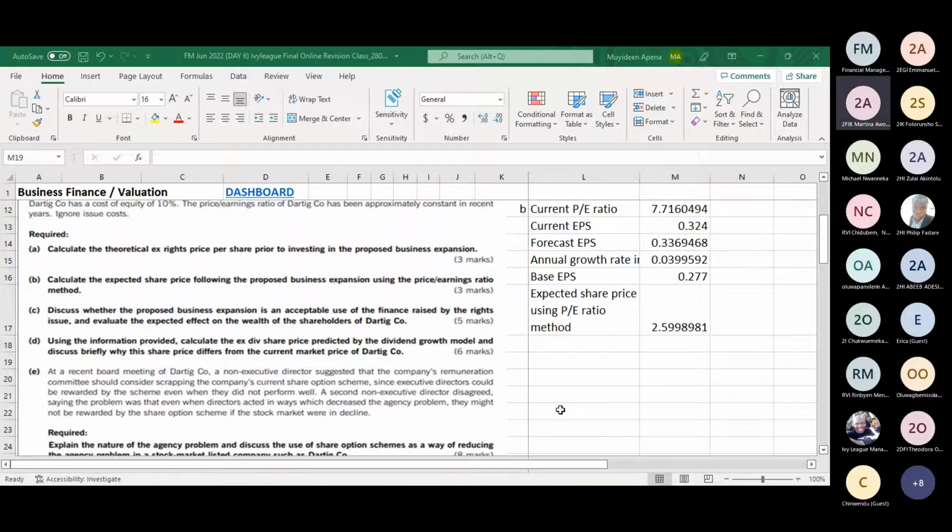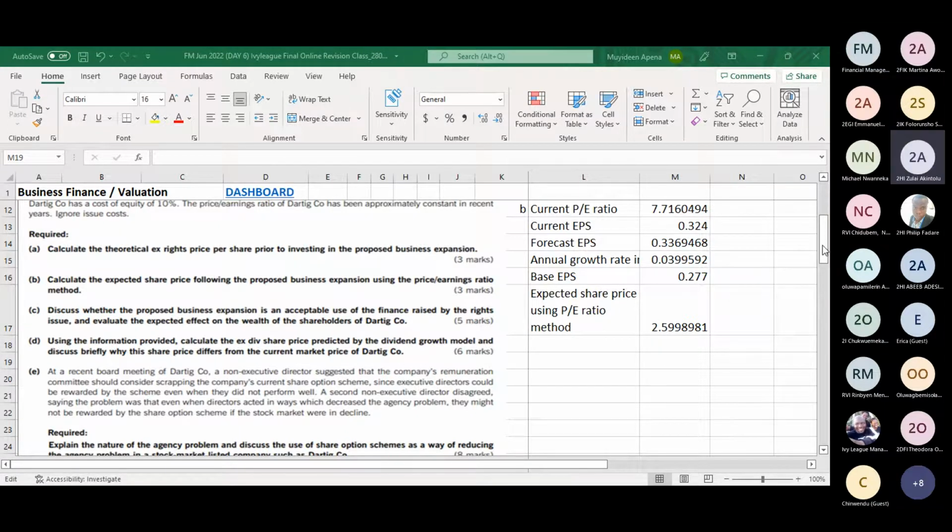Yes, sir. Now, this expansion requires them to go to existing shareholders to finance the proposal, and this is coming on a rights offer basis. Once the rights offer comes into place, it leads us to calculating the theoretical ex-rights price, isn't it?